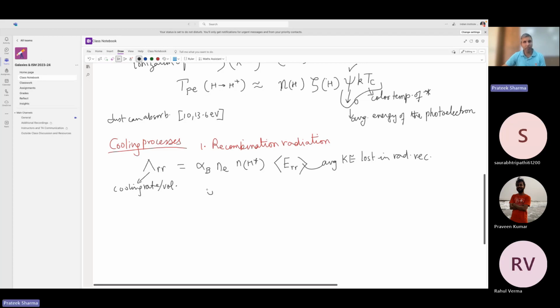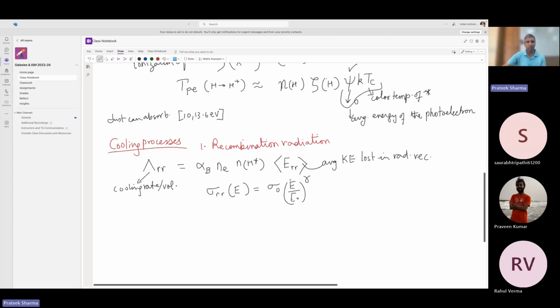So the cross section for radiative recombination as a function of energy is sort of a power law in energy, sigma naught (E by E naught) to the gamma. Recombination is a collisional process, right? You have an electron and an ion colliding and recombining.